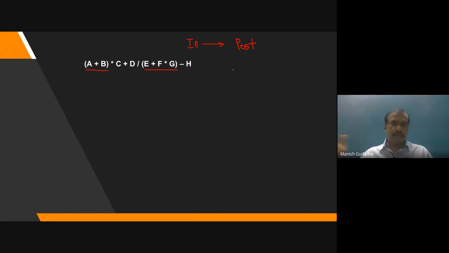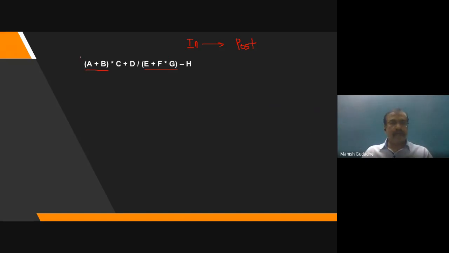So we are going to scan the elements token by token. What do you mean by token? Token means one single symbol used in the expression. That symbol can be an operator, an operand, or a parenthesis. Every single symbol will be scanned, and one by one we are going to execute.